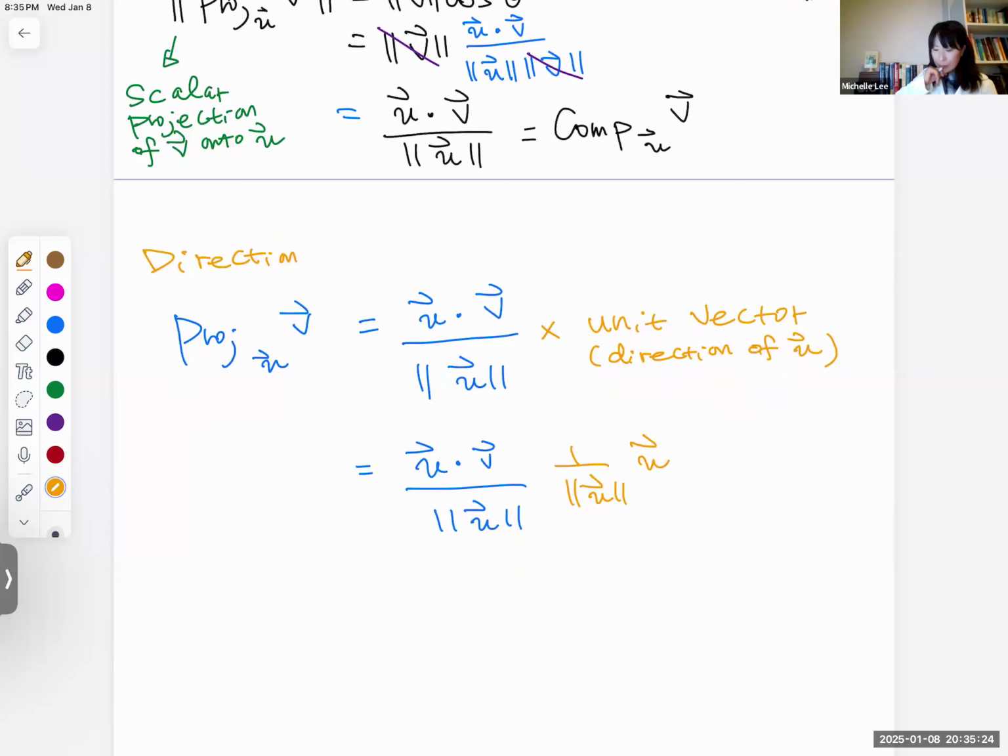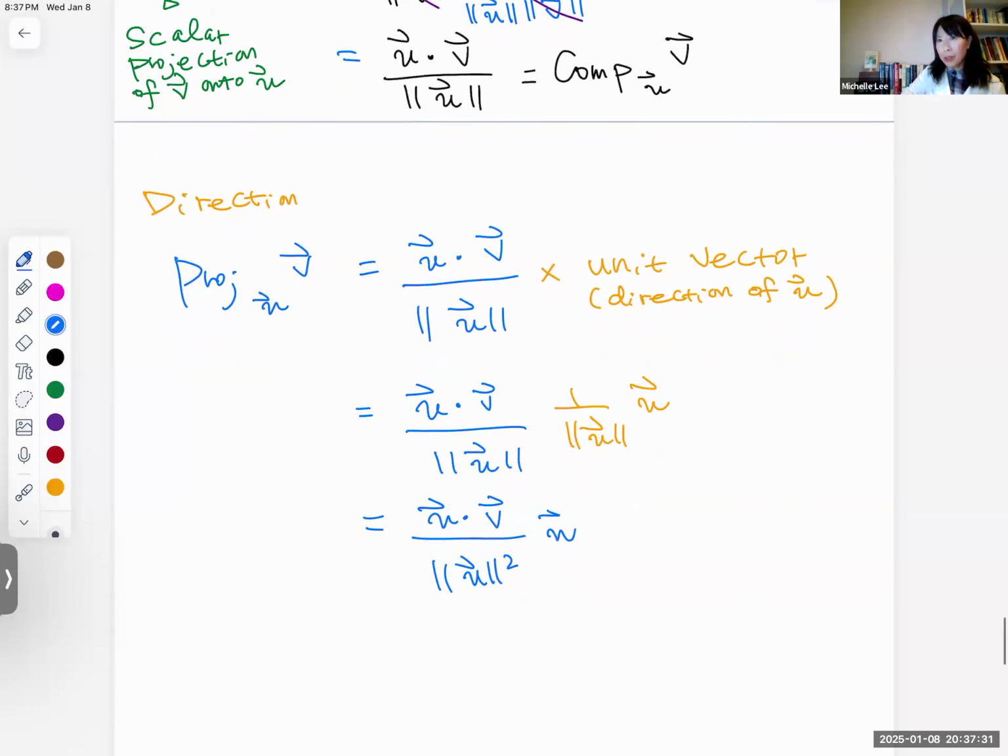Then we can express this as the dot product, and the denominator has the magnitude of U squared, and then U. Is it okay?